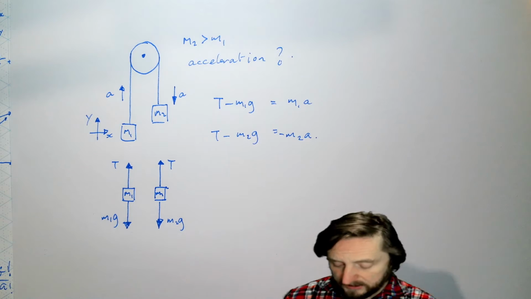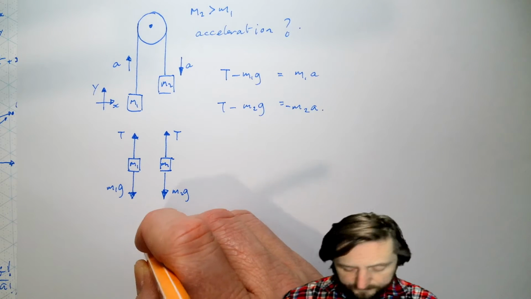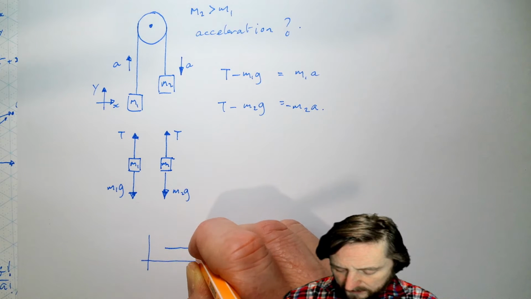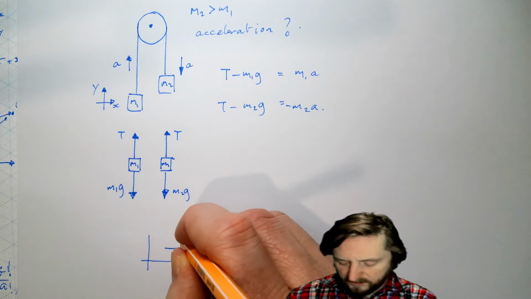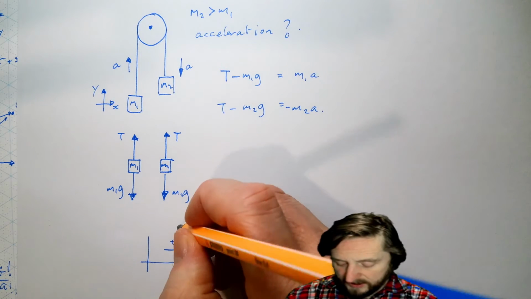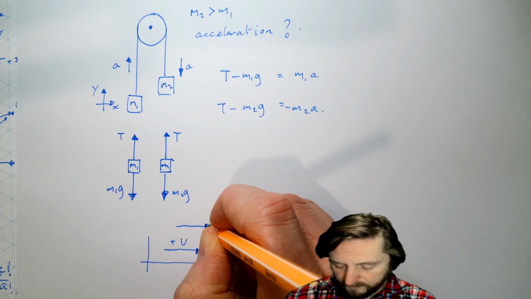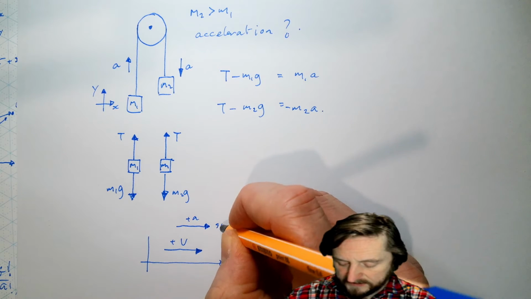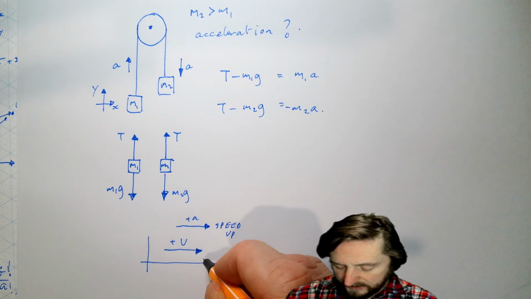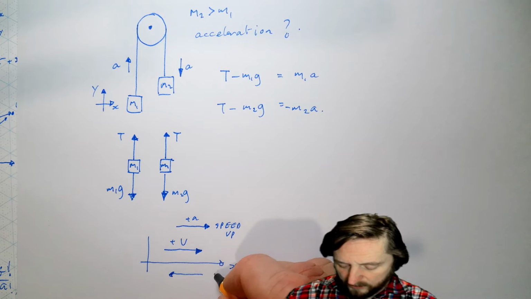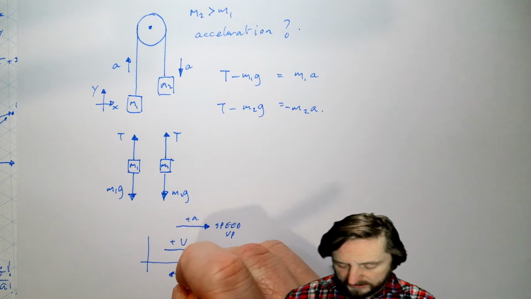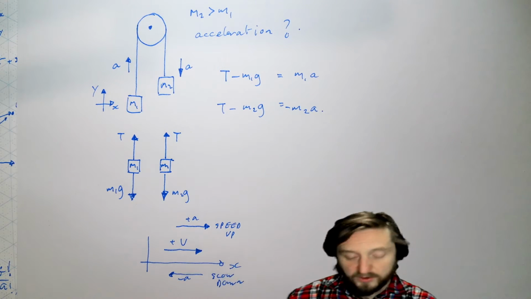If something is moving, for instance, in the positive x direction, if it's going in this direction and it has positive velocity, then speeding up would be a positive acceleration in this direction, and slowing down would mean an acceleration in this direction, which would be negative. So in this case, negative is slowing down, positive is speeding up.